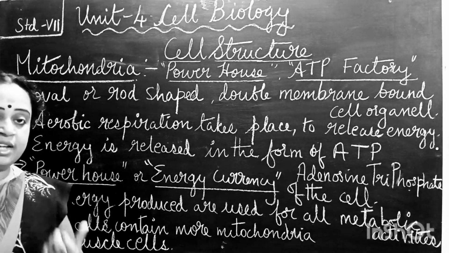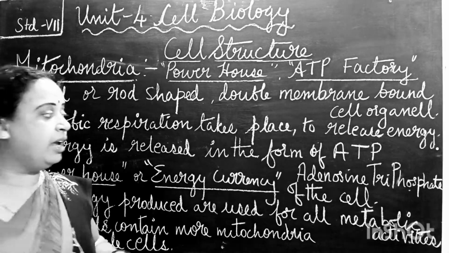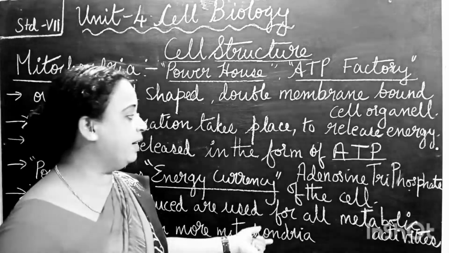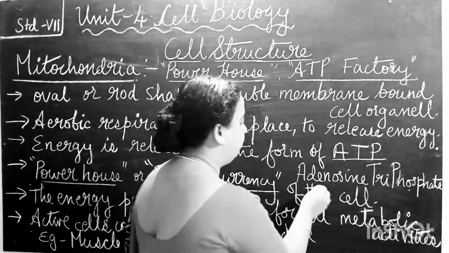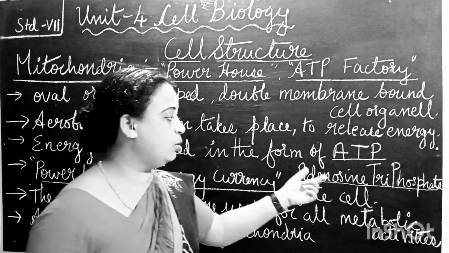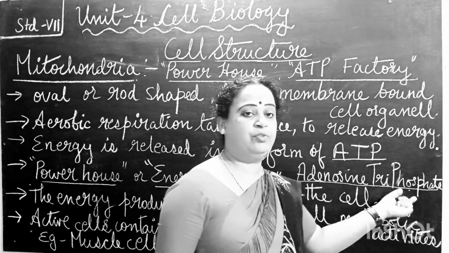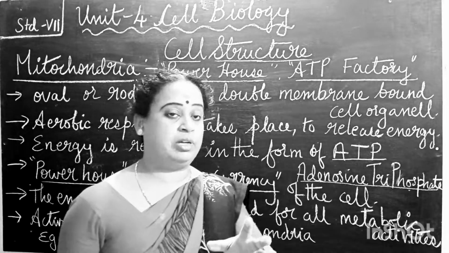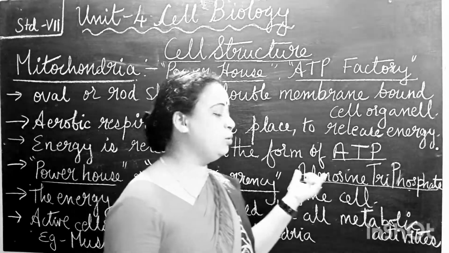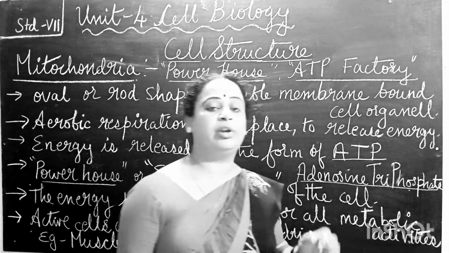So, in what form is this energy present in our body? It is present in the form of ATP, adenosine triphosphate. What is ATP? Adenosine is a nitrogenous base, and three phosphate molecules are attached to this nitrogenous base. That is adenosine triphosphate, your ATP.